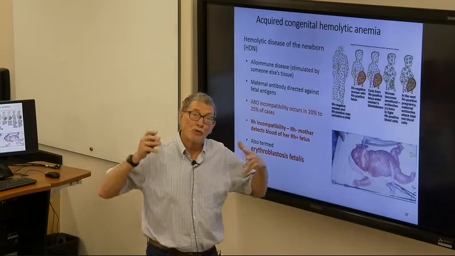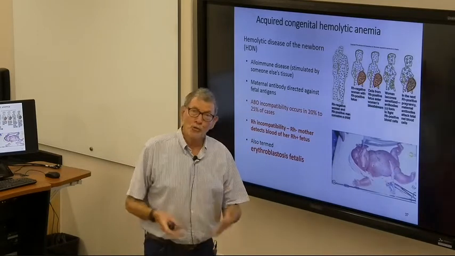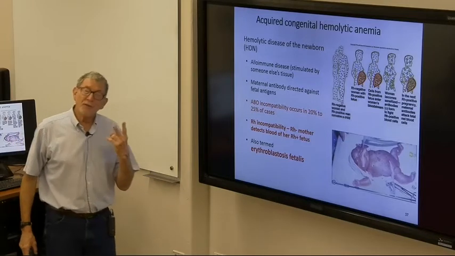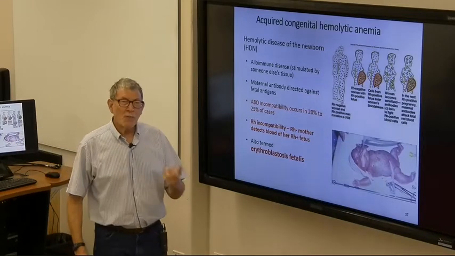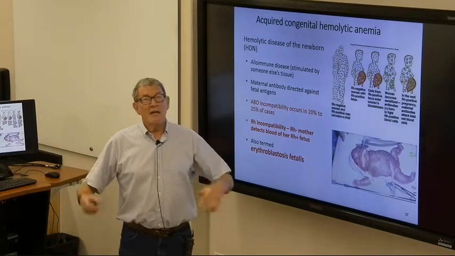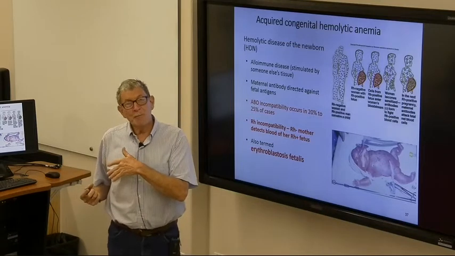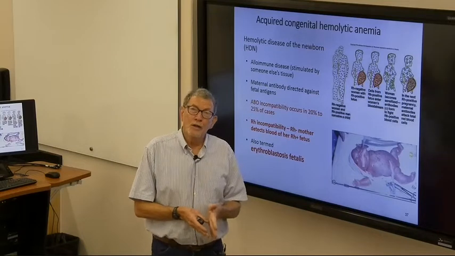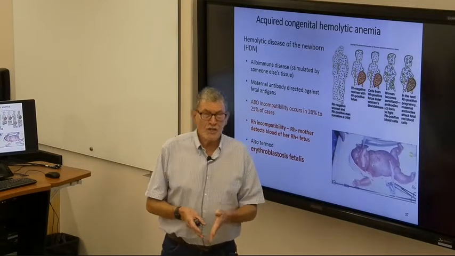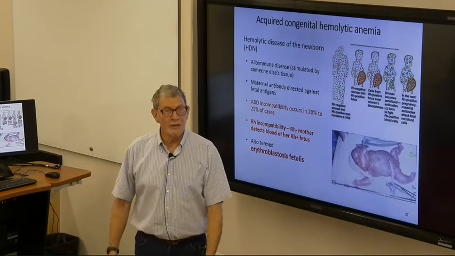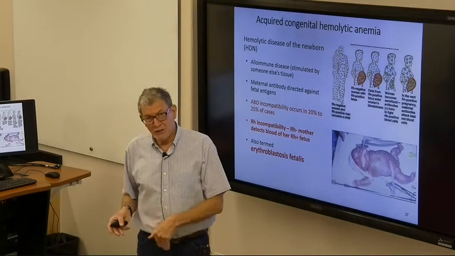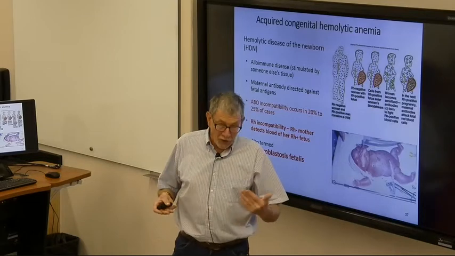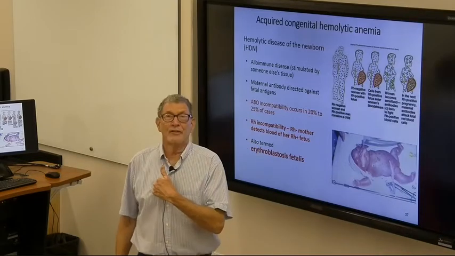The mother will produce antibodies, and her immune system will try to kill her own child. Usually it's the second Rh positive baby in an Rh negative mom, because their blood systems don't intermingle during gestation, but at childbirth there's an intermingling. The mom detects the Rh factor and makes antibodies against it because it's not a factor that she already has.